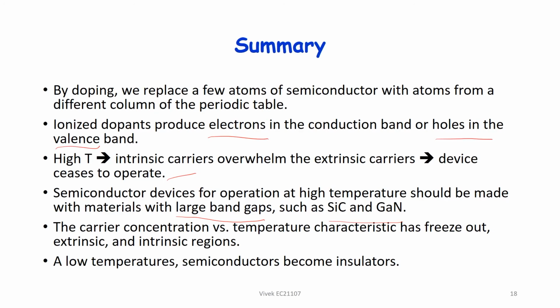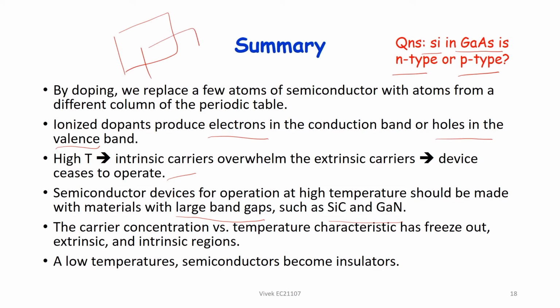Now I will give you a problem, right? Let's say you consider gallium arsenide crystal and you dope it with silicon. Now will it be N type or P type? Please think about it. So you have this gallium arsenide crystal here. So it's a zinc blende structure.